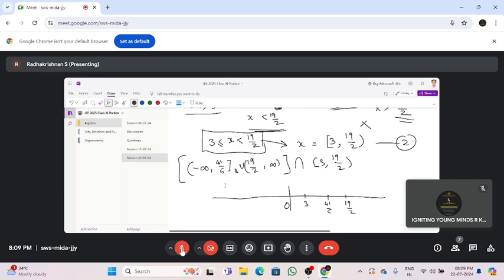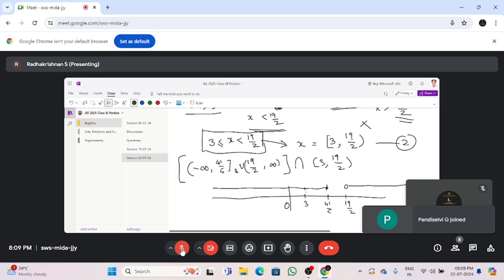Okay. So this first condition tells it should be in this range up to 4.5 inclusive, or 19/2. That's the first condition. The second condition tells that it is between 3 and 19/2.